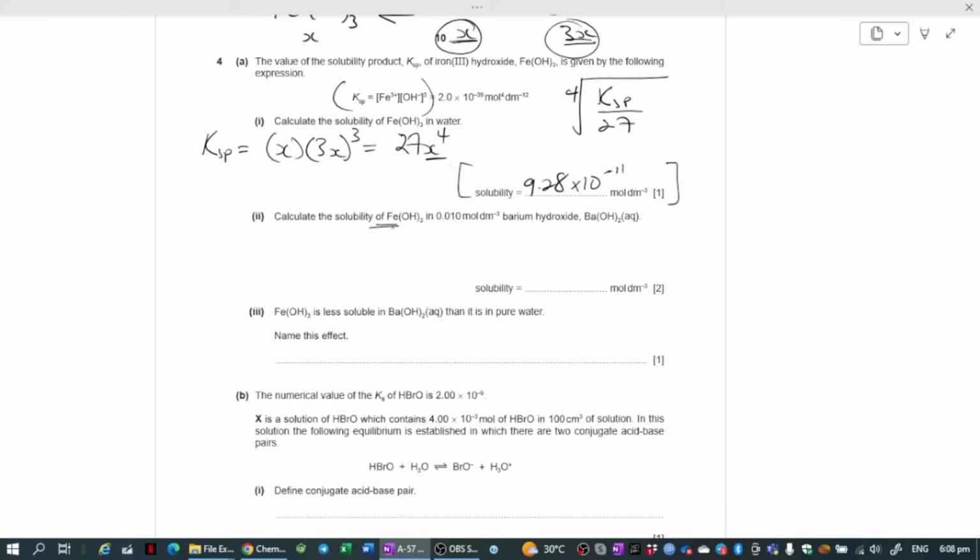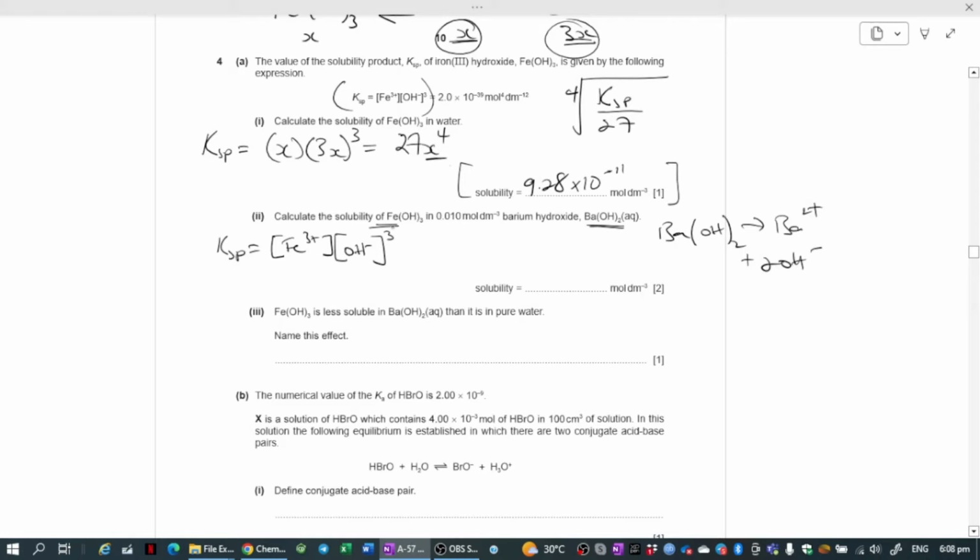So all what is required for us to do really is to substitute into the KSP expression our values and solve for the concentration of Fe3+. Right? Now you have to be careful here. What is our concentration of hydroxide ion? This is barium hydroxide. Barium hydroxide actually forms Ba2+ and 2OH minus.